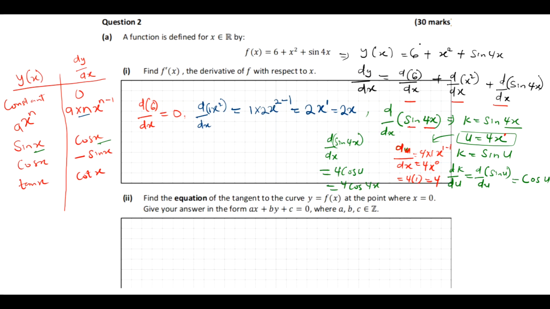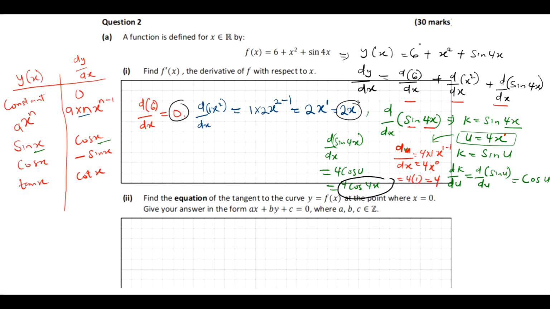So I haven't got the 3 now. Don't forget, the differential of the 6 with respect to x is going to be 0. I'm having this one here, and I'm having this one.